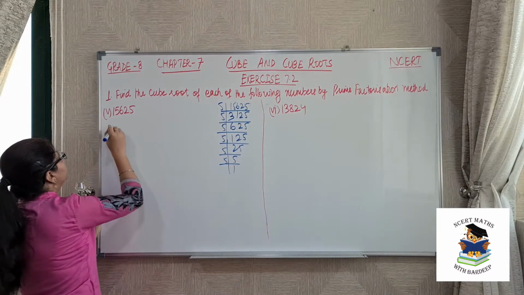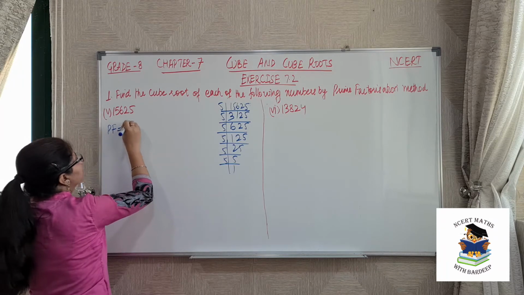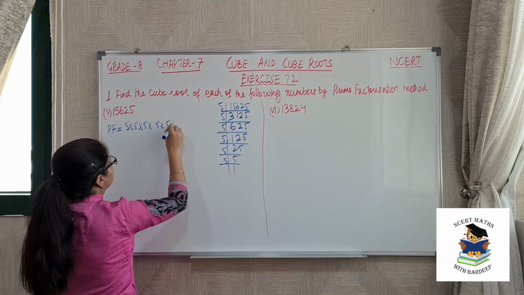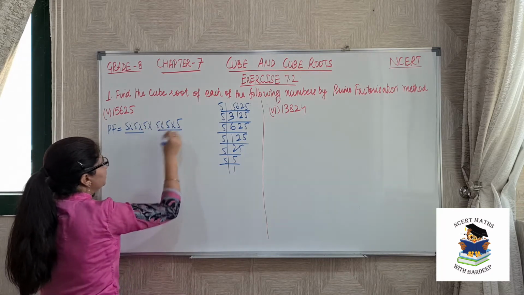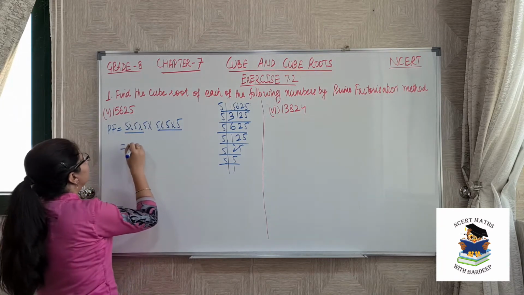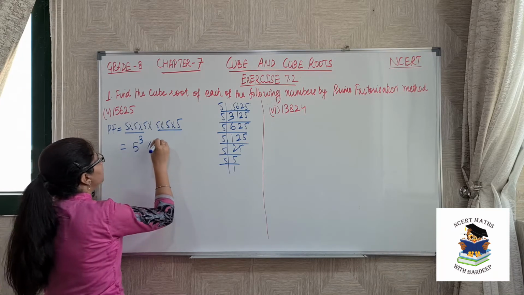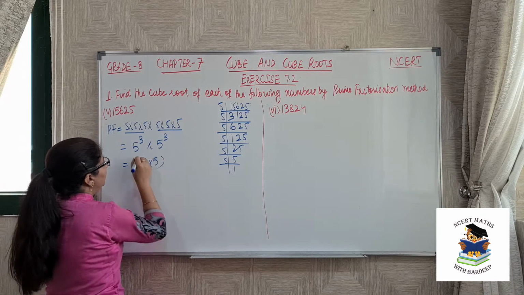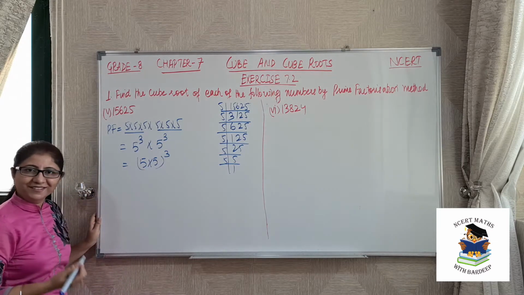Okay. So prime factorization is 5 six times. So each is making a group. So 5 raised to power 3 into 5 raised to power 3. So this is 5 into 5 whole raised to power 3.